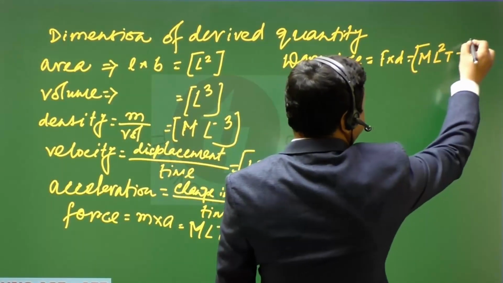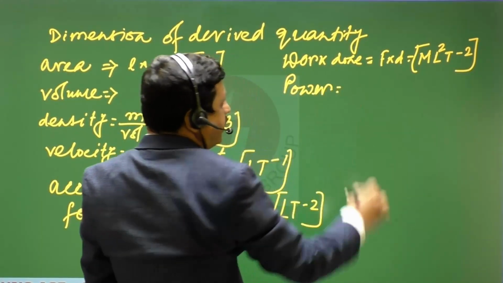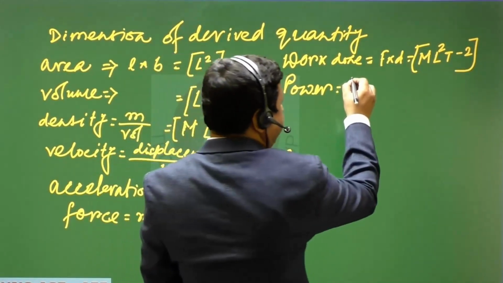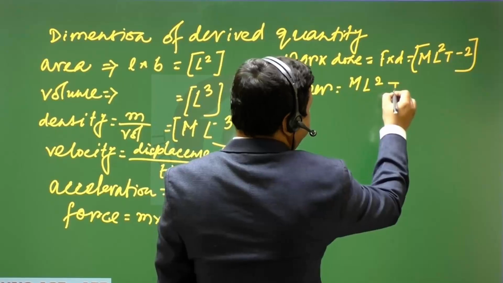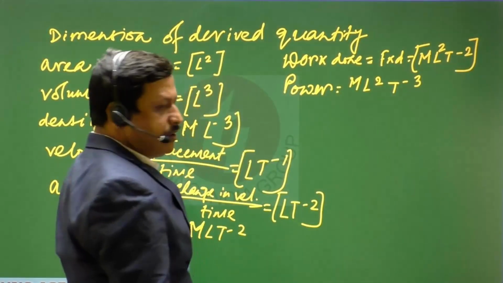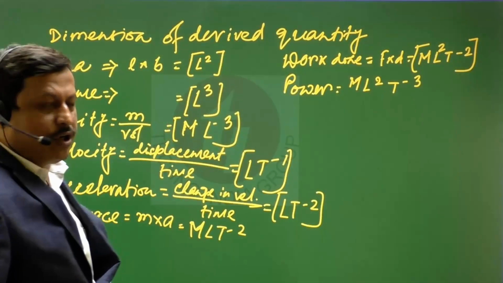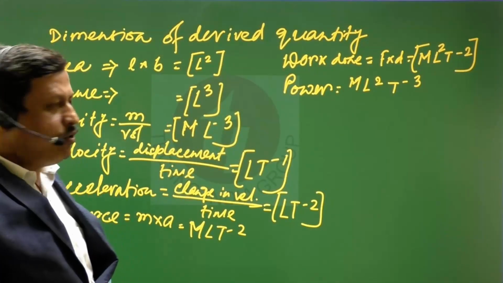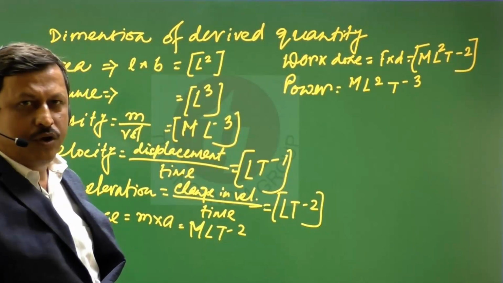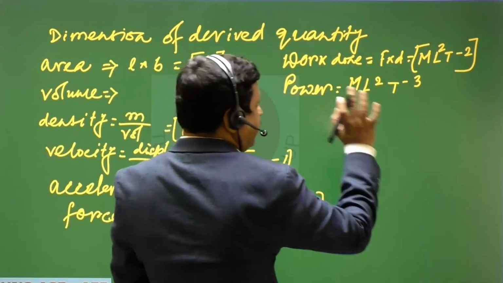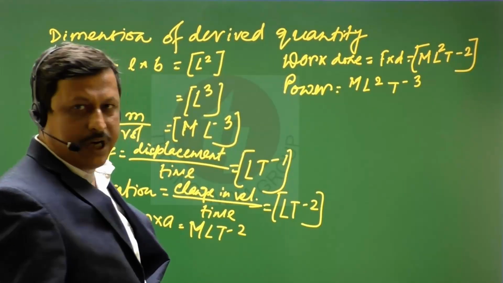Say power is work done by time, so m L square t to the power minus 3. Energy is the same as work done, okay? Because the unit is the same, the unit of work done is joule, and the unit of energy is joule, so work done and energy have the same dimension, okay?